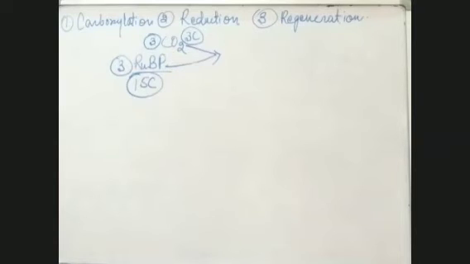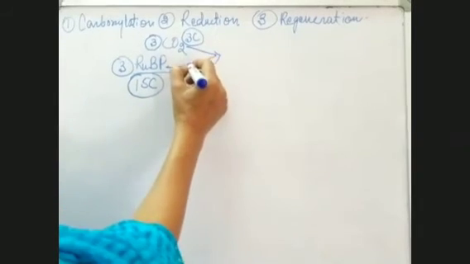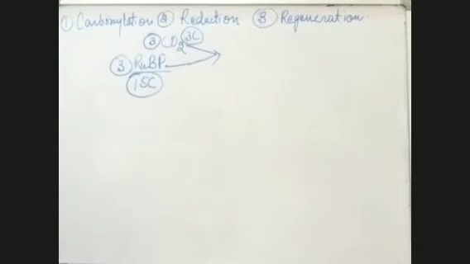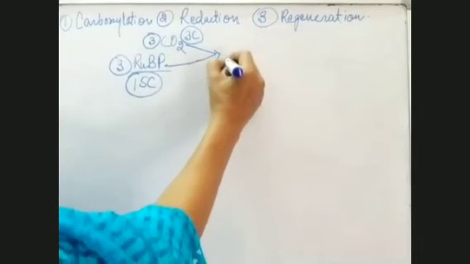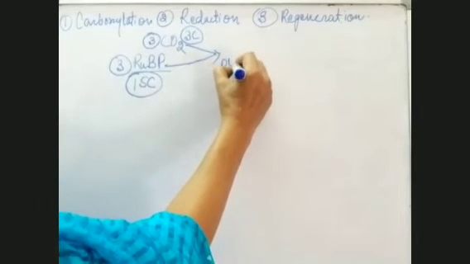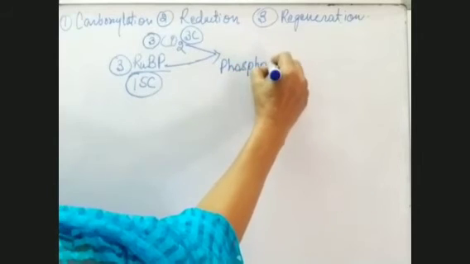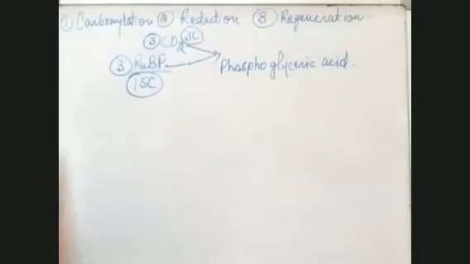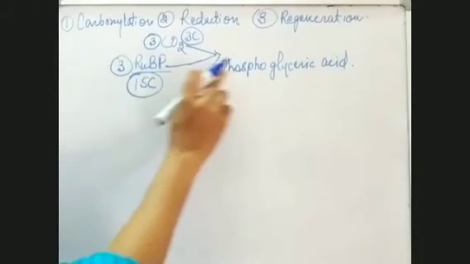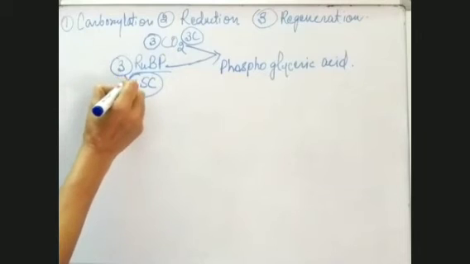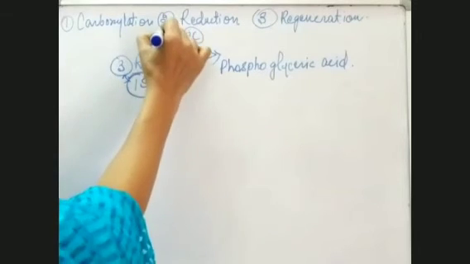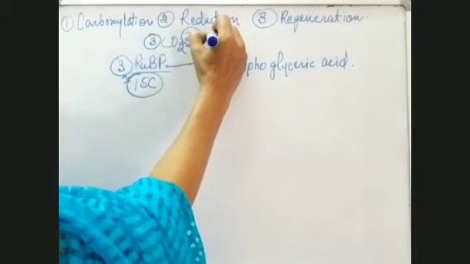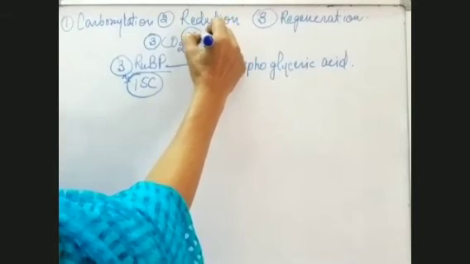Okay, now here started the process of carboxylation, the addition of carbon dioxide. This resulted in the formation of PGA, phosphoglyceric acid. This is connected with this, we are using 3 of this.